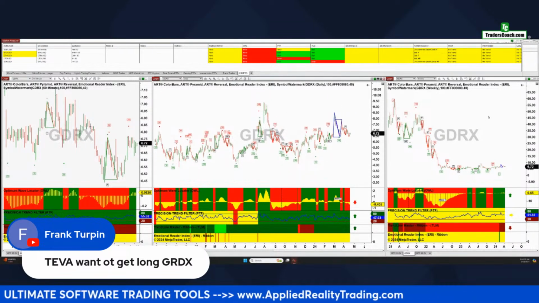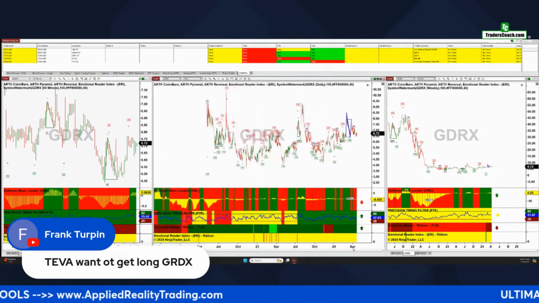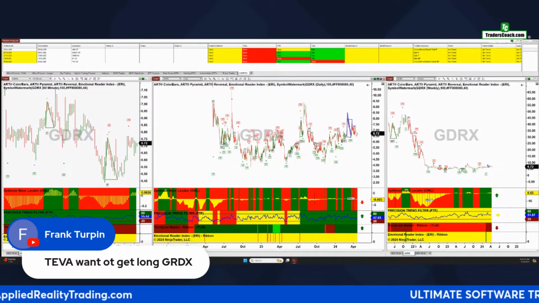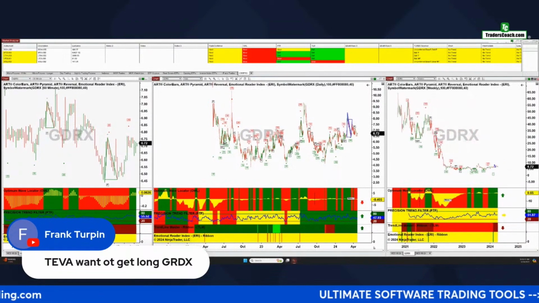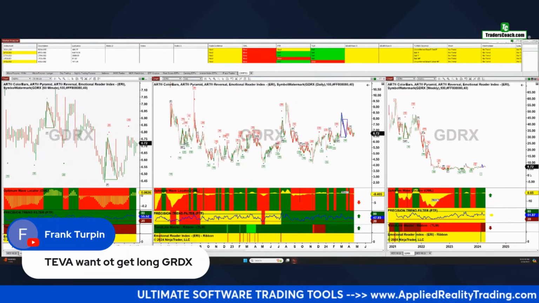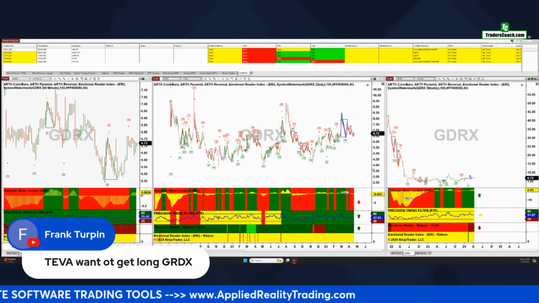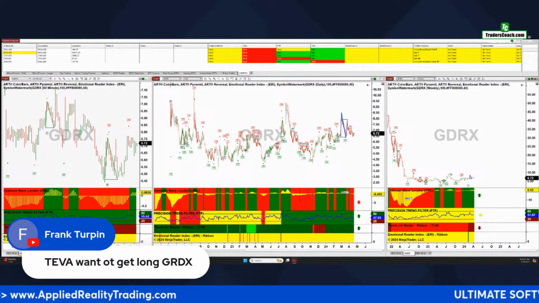Want to get long. Okay, so Frank, this was actually looking pretty good. Not a lot of history on that, right? Only 2021, I guess. What we're really trying to do is see if we've got a breakout on the long-term chart. So you don't have it yet on the weekly chart.